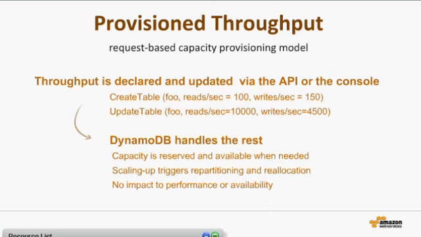DynamoDB basically handles all of the information and all the operational performance under the hood. So it will reserve the capacity and make it available when it's needed. It'll provide you with scaling up triggers when repartitioning and reallocating. And it'll do all of this scaling up and scaling down and repartitioning without impacting the performance or availability of your application.